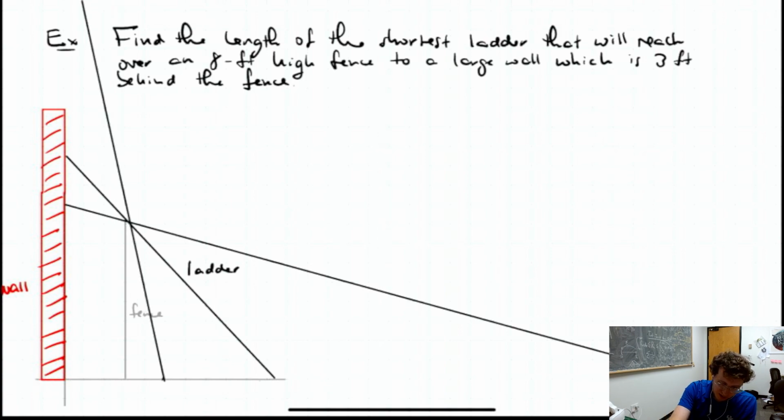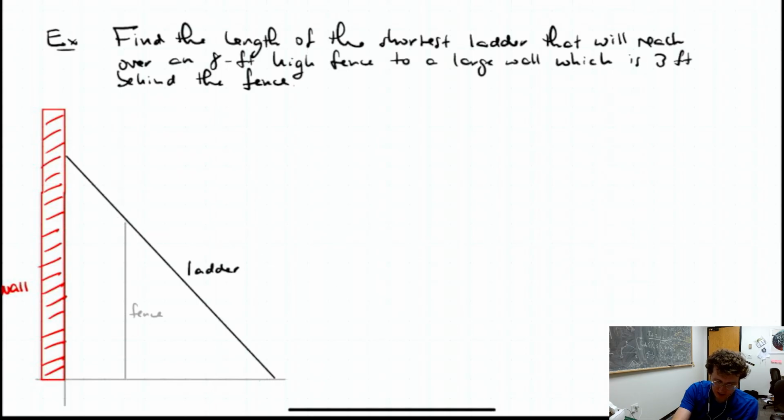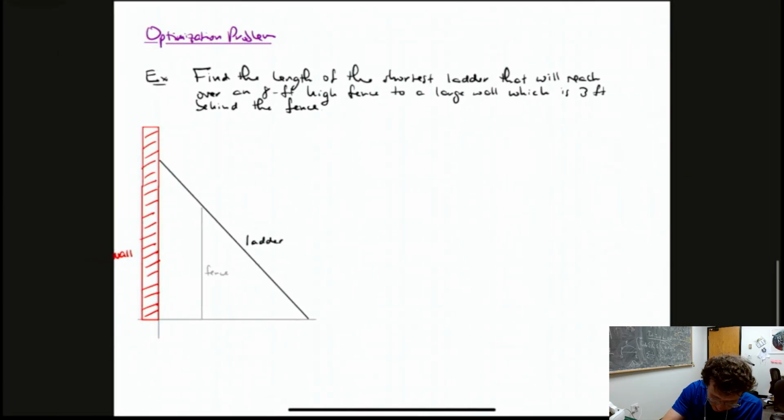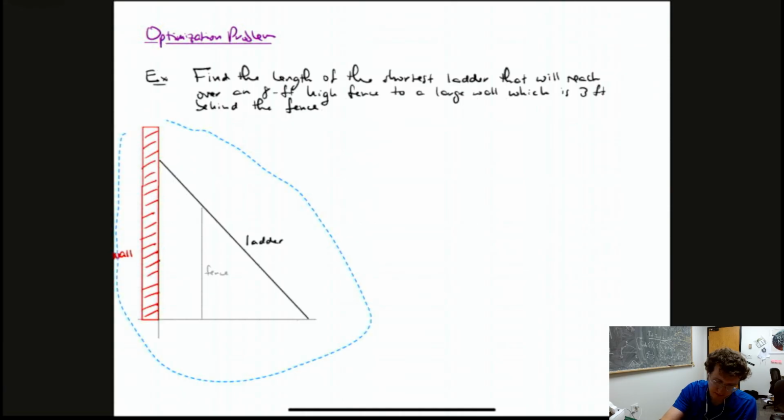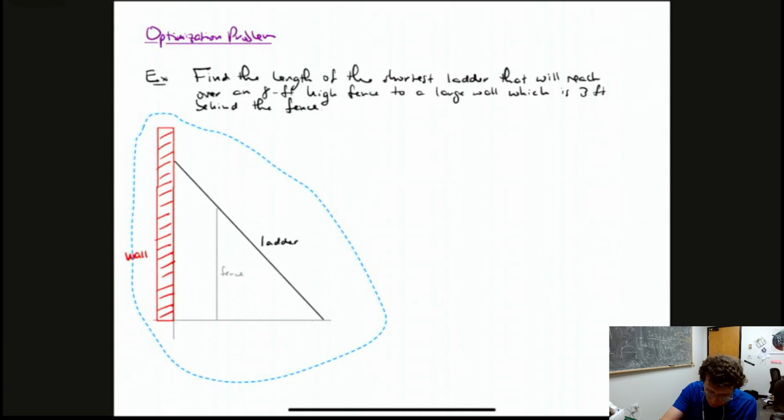So somewhere in between these two extreme possibilities, there should be a minimal length. And that's what we're going to try to find. I just think this is a really cool problem.